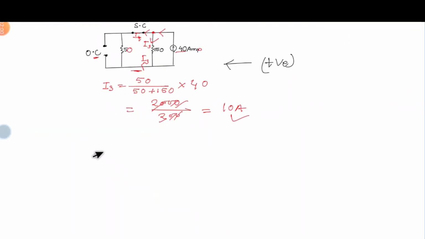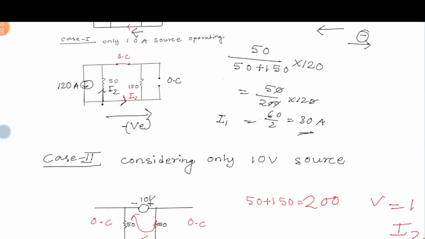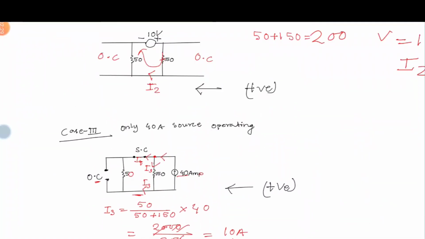I1 is in the negative direction, so it would be minus 30 ampere. Then I3 is in the positive direction, plus I3, and I2 is also positive.